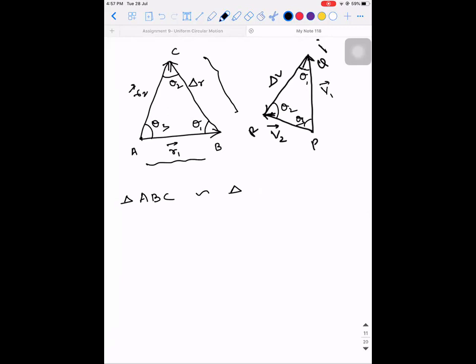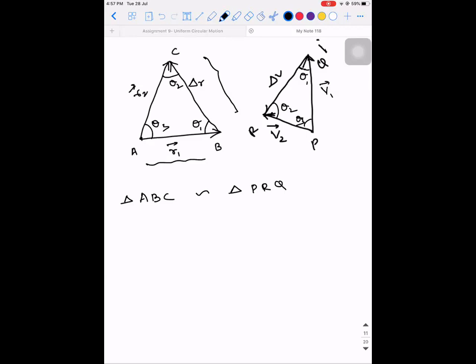But it can be in the reverse order, no? Tell me what is the triangle? It can be in the reverse order also. PRQ, sir. It's PRQ. Wait, RQ is delta V. Yes, it is PRQ. So did you guys understand why it is so?